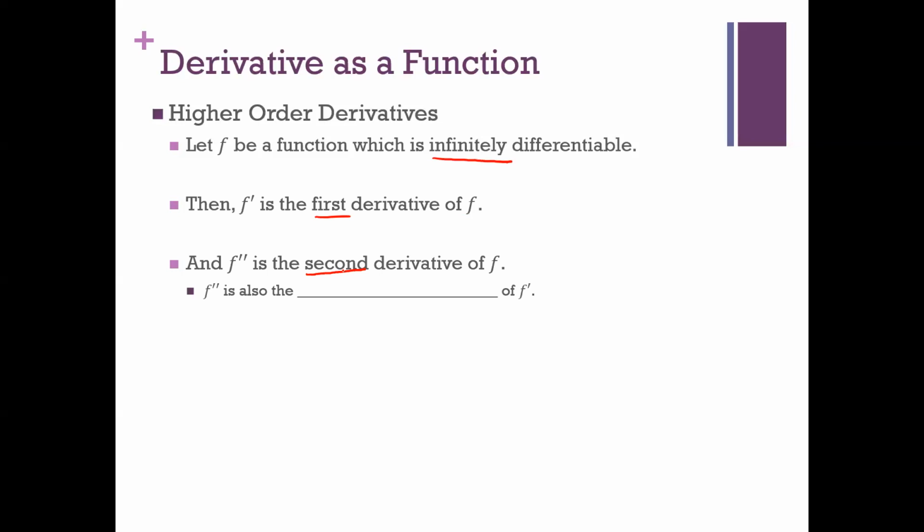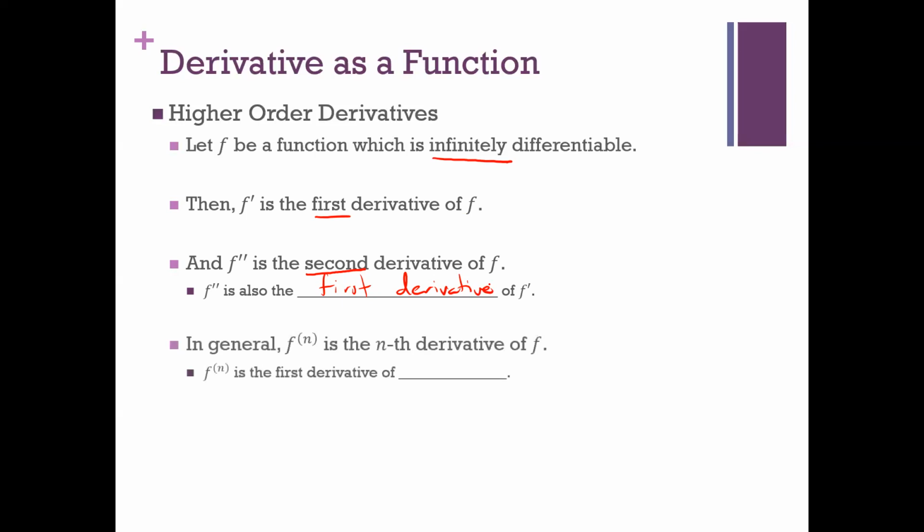How do you get f prime? By doing the first derivative of f. So now I have f and f prime. How do I get f double prime? I have to take the derivative of f prime. So another way to think of this is f double prime is also the first derivative of f prime. Sometimes you have to look beyond one order of derivatives.